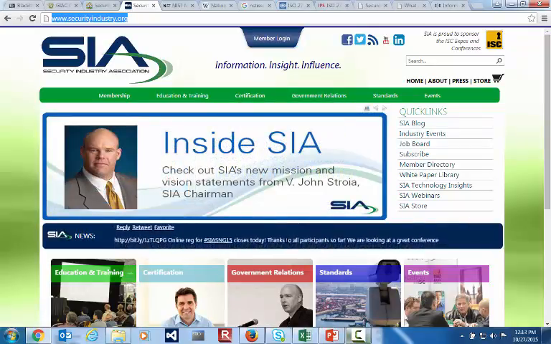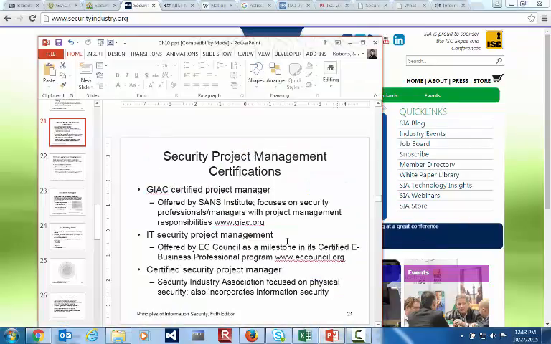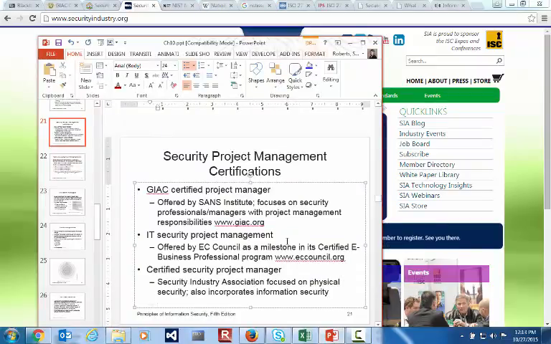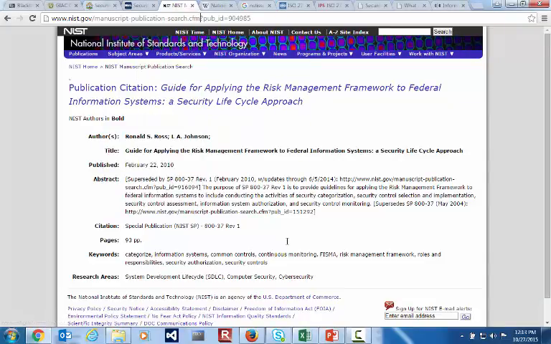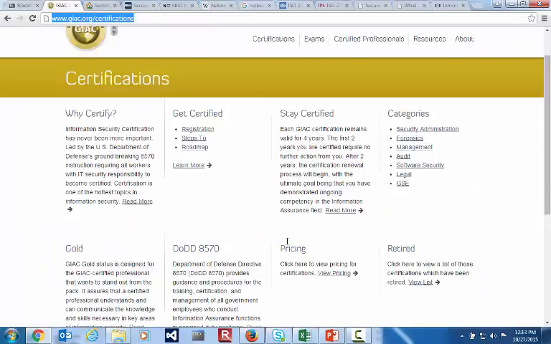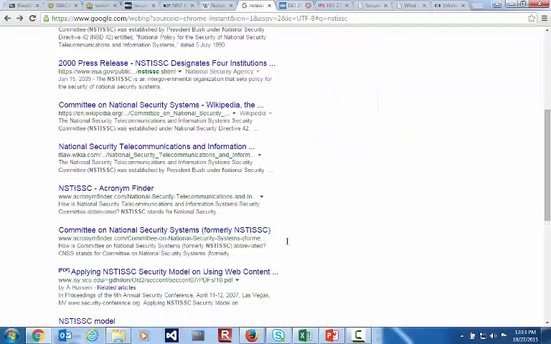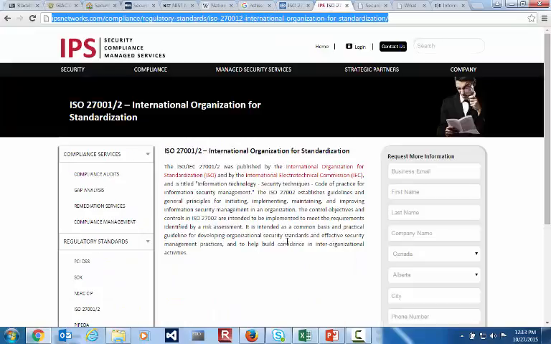I do have one slide that has just all kinds of links that I looked up while I was doing this. That's next. Let's see, there's the EC Council and GIAC. We'll get to that in just a minute.